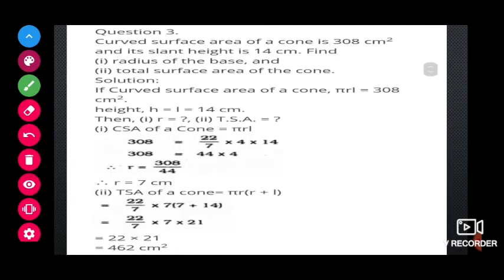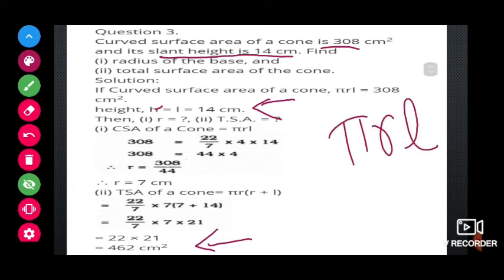Next, the curved surface area of a cone is 308 centimeter square and its slant height is 14 centimeter. Here also they are directly giving the slant height 14 centimeter, that is L. Next is the curved surface area. The curved surface area formula is pi r L. So the pi r L they gave as 308 centimeter square. Now we have to find the radius.